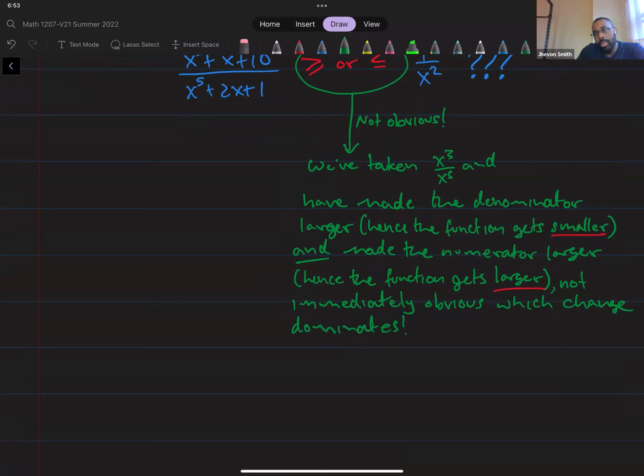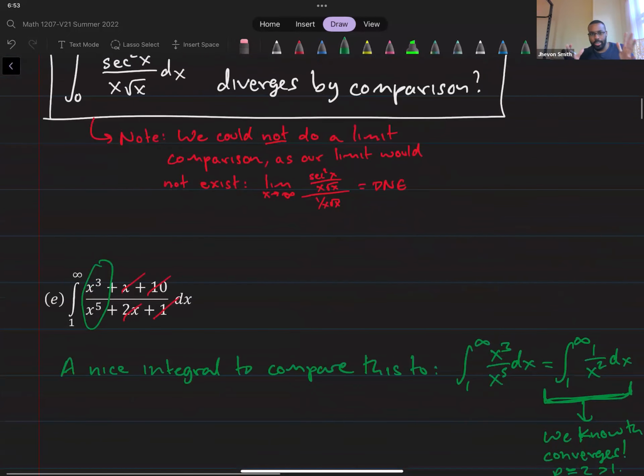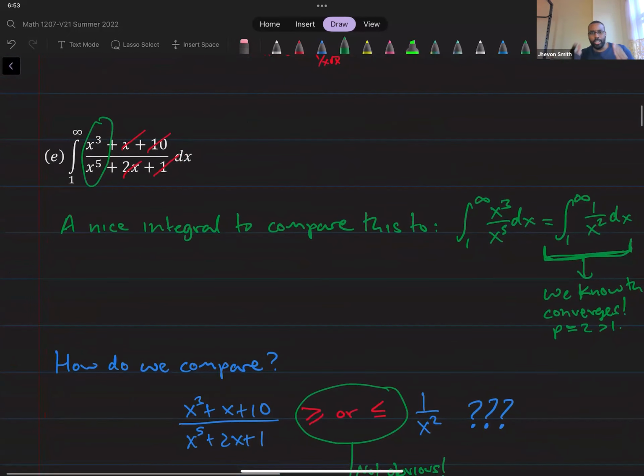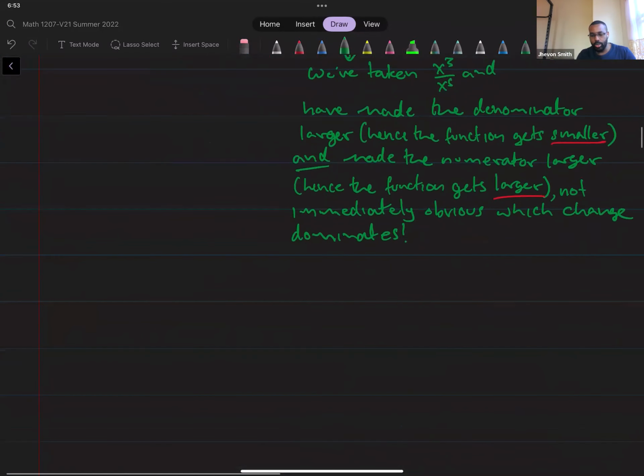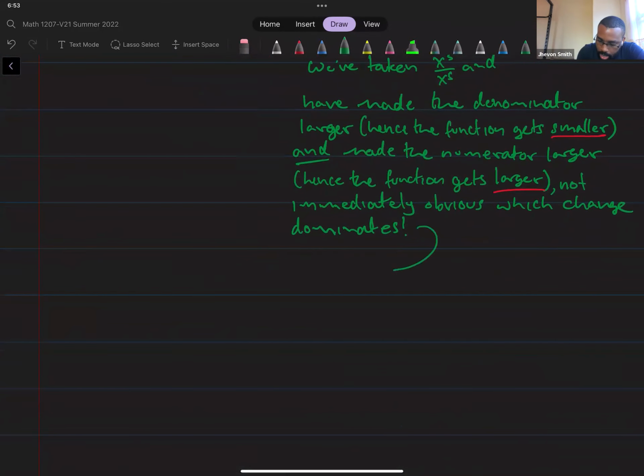So whenever I'm in this situation where I've got the perfect thing to compare this to, but I actually don't know how the inequality is going to turn, or I potentially could know, but it'll just take forever for me to figure it out, and I just don't want to go through it, that's the situation where I would say, okay, consider the limit comparison test.